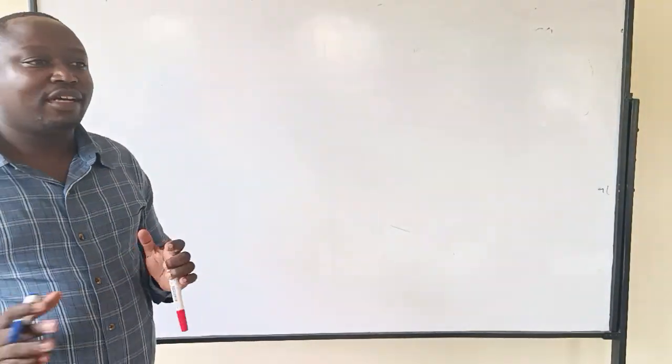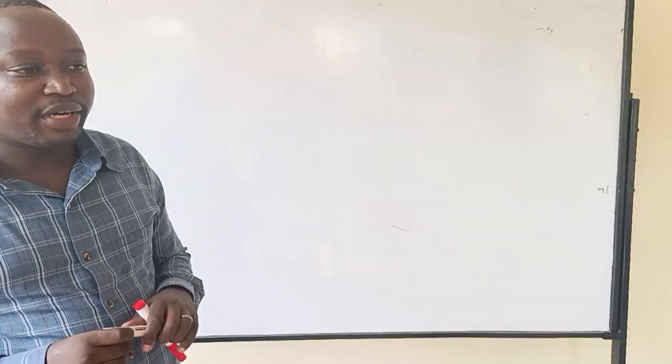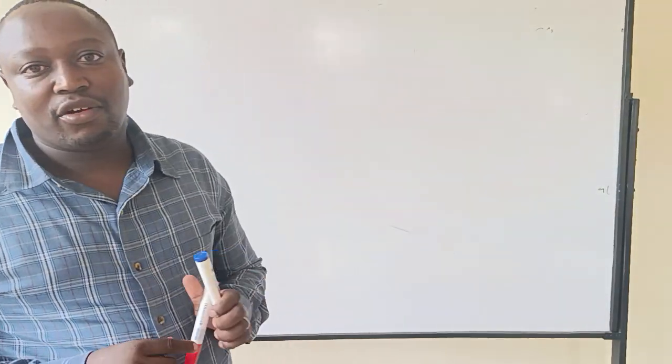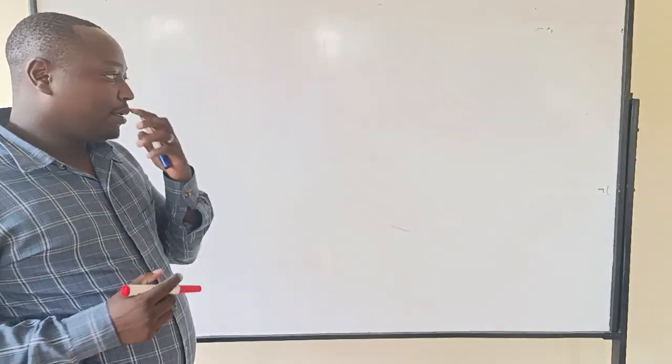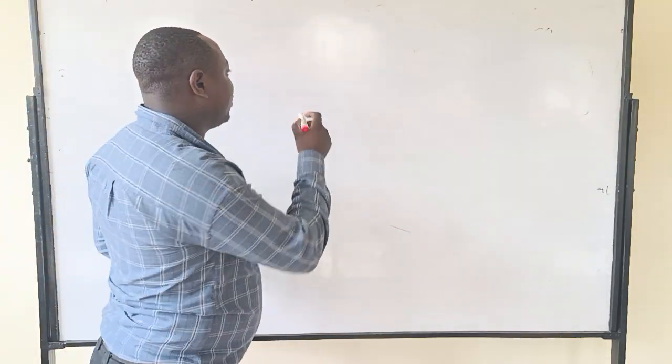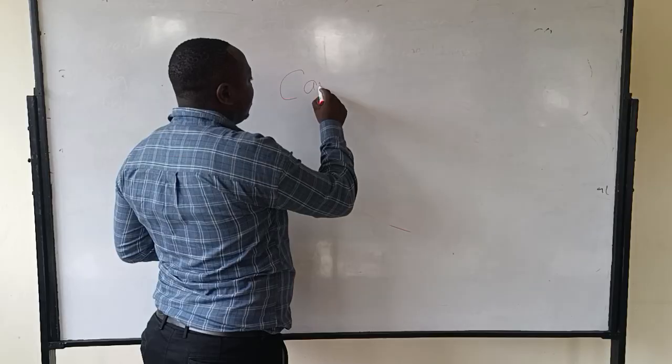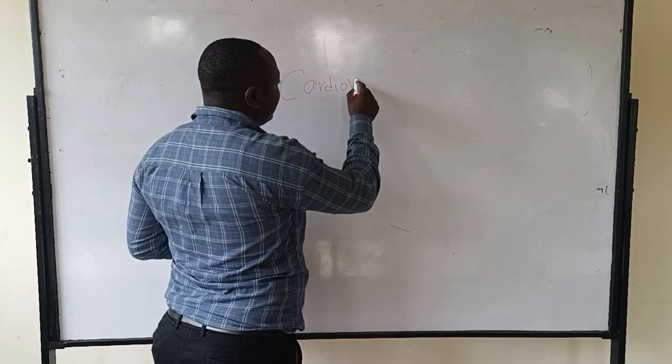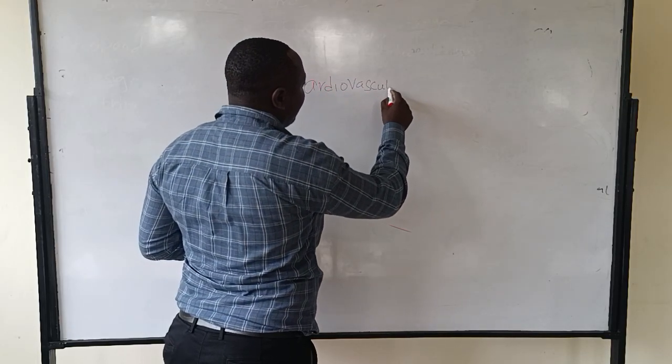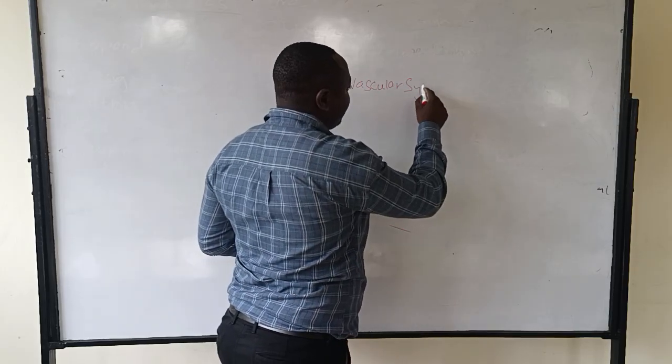Yes, welcome. So that we can have a short discussion, so that we can tackle the anatomy of the heart, and we are going to review what we call the cardiovascular system.